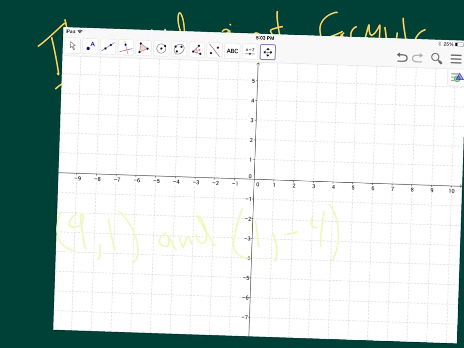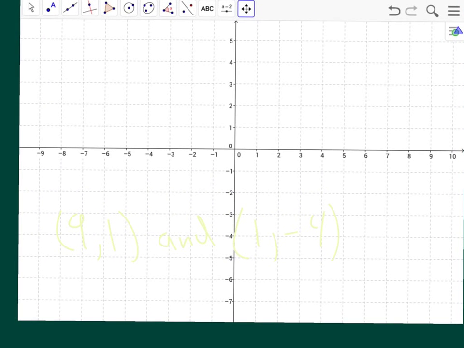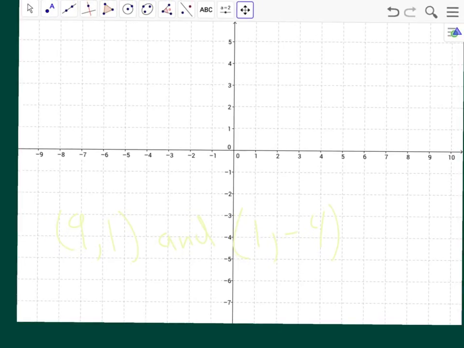Let's plot 9, 1, which would be right here, and then 1, negative 4, which would be down here. So I want to find the middle from here to here.